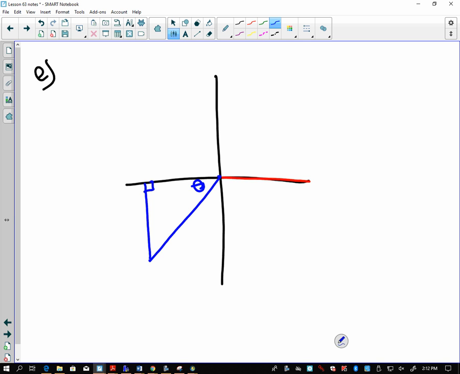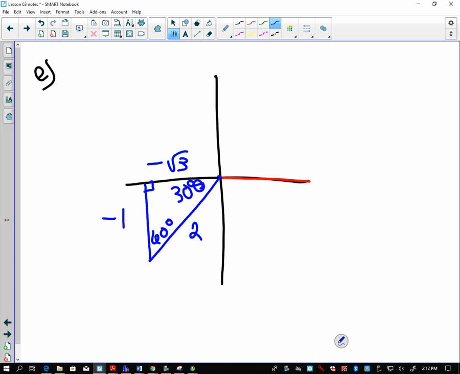So I know that this is 30 degrees here, which means I'm working with a 30, 60, 90 triangle, so I know that this is 1, this is 2, this is radical 3. Now I know that this is negative because I'm below the x-axis, and I know that this is negative because I'm left of the y-axis. Does this make sense so far?